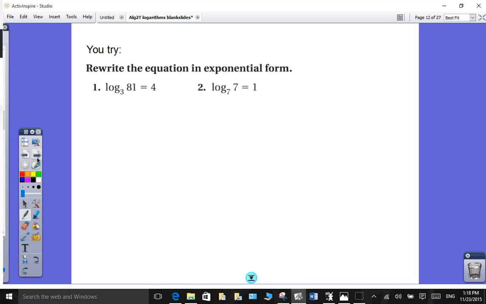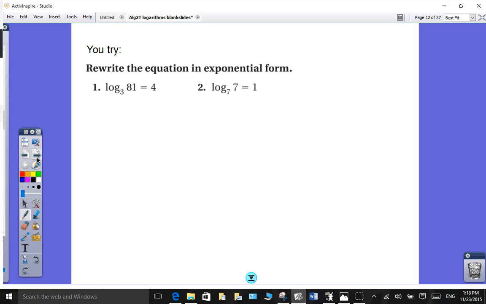What does it equal? What's the base of this logarithm?